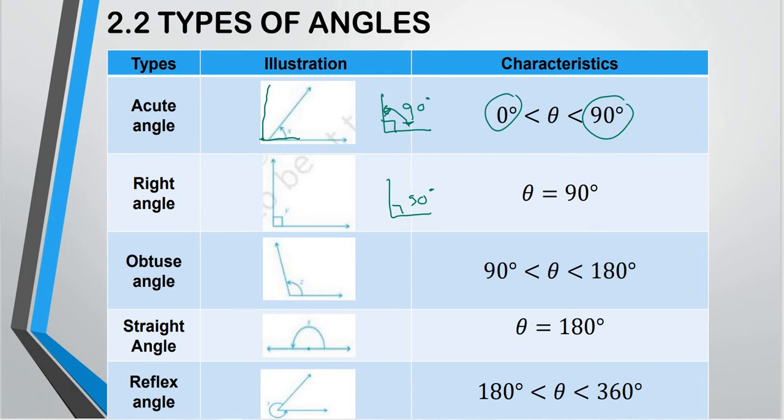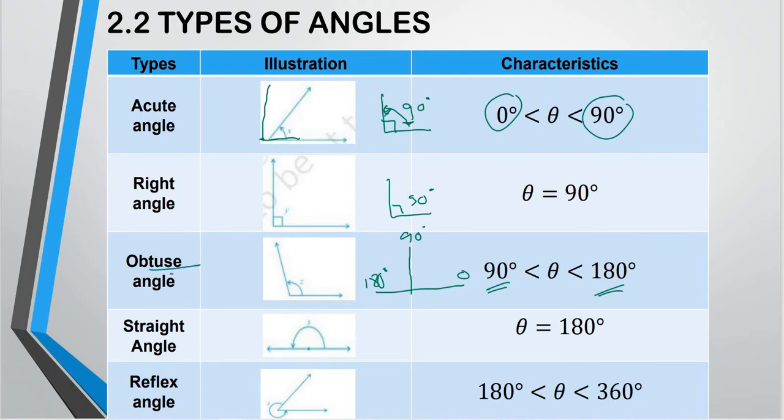Obtuse angle lies in between 90 degrees and 180. This is supposed to be a straight line. So basically this is 0, this is 90 degrees, this is 180.